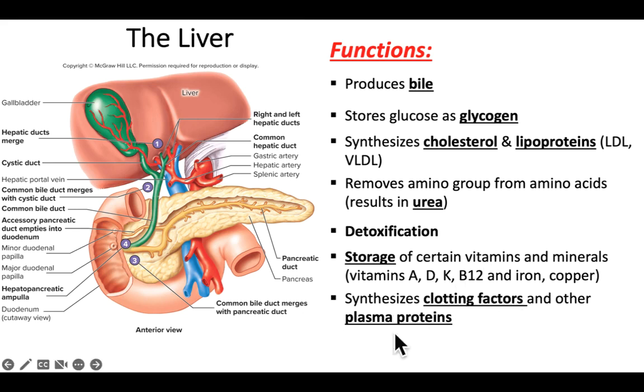It produces some of our plasma proteins like albumin and fibrinogen. So the list of functions of your liver is pretty darn long. But at this moment in time, when we're just looking at digesting nutrients in our small intestine, it's producing the bile, which is going to be important for our lipid digestion.